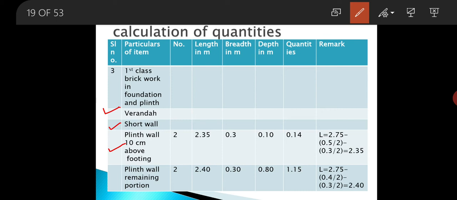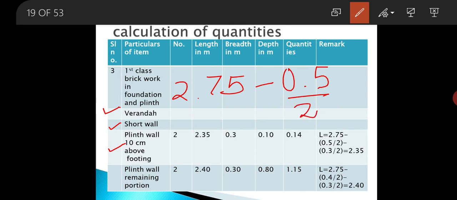That means above the second footing, for 10 centimeter depth or 10 centimeter thick plinth wall, from the center line length of 2.75 we will subtract 0.5 by 2 for the main wall, as on the main wall side there is the presence of 0.5 meter width footing, and we will subtract again 0.3 by 2, that is for the veranda plinth wall.